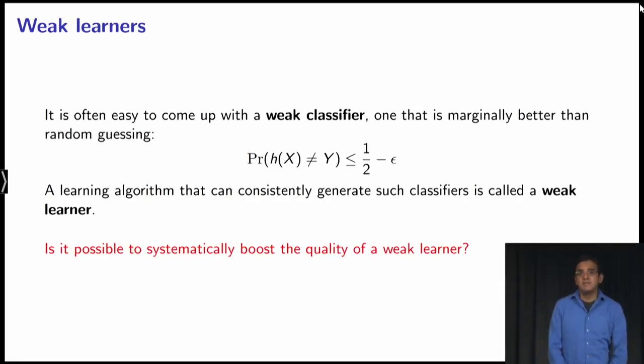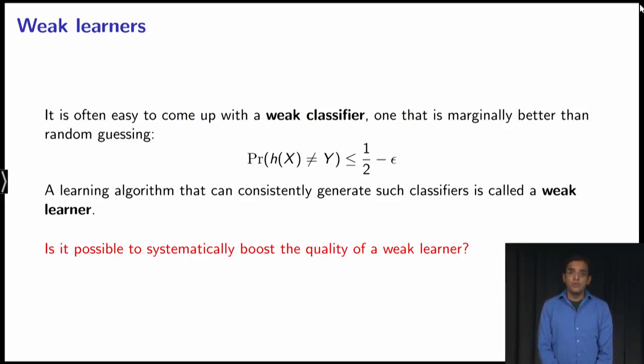So a very familiar situation in machine learning is that it's often easy to get an accuracy of 60 or 70% on a data set, or maybe 80%. But subsequent gains take a lot of effort. So let's think about this a little bit more abstractly.